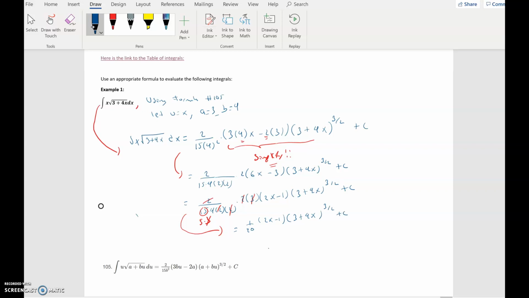Let me just rewrite the final answer. The actual integral of x square root of 3 plus 4x dx happened to simplify to 2x minus 1 times 3 plus 4x raised to the 3 halves.